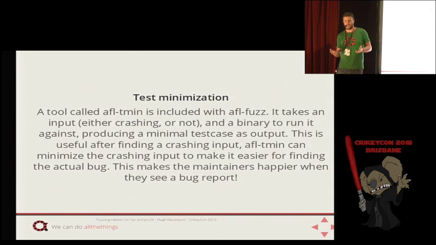But when you're filing upstream bugs, and you say, hey, I found this input, and you give them a 200 byte string full of random characters, hey, this crashes your program. It's much better if you can run it through afl-tmin, which then makes it a lot smaller, so you might be in the order of 50 bytes. So this makes the maintainers a lot happier, and it also makes my job of triaging and finding where the bug is a lot easier sometimes.